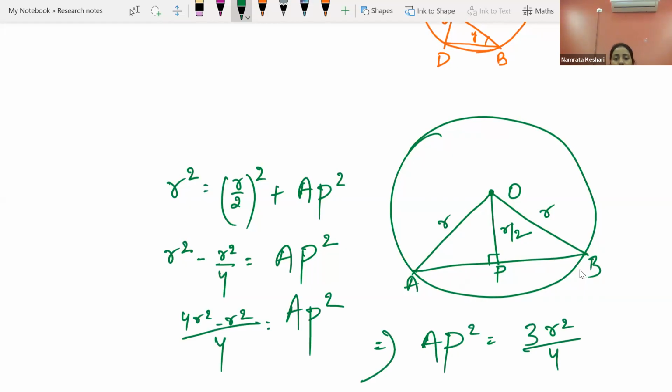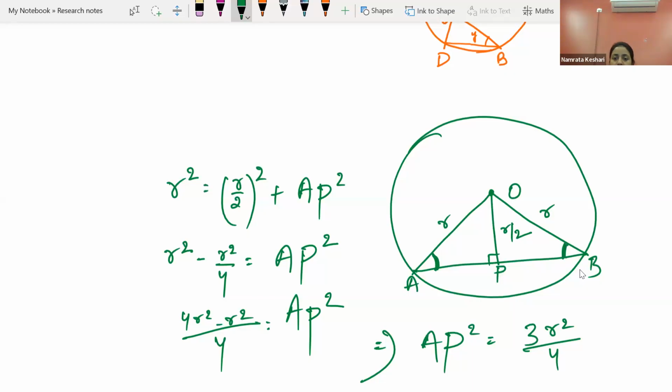We have to find angle BAO. This angle we have to find. But will it help? Just a second. Let me check which property will help, or I need to check the question as well.